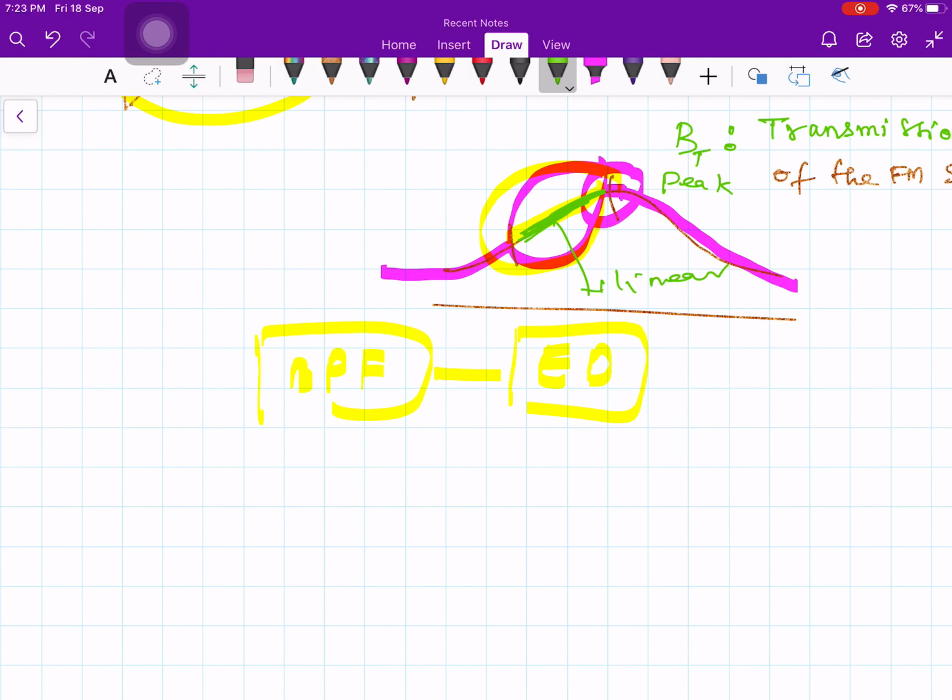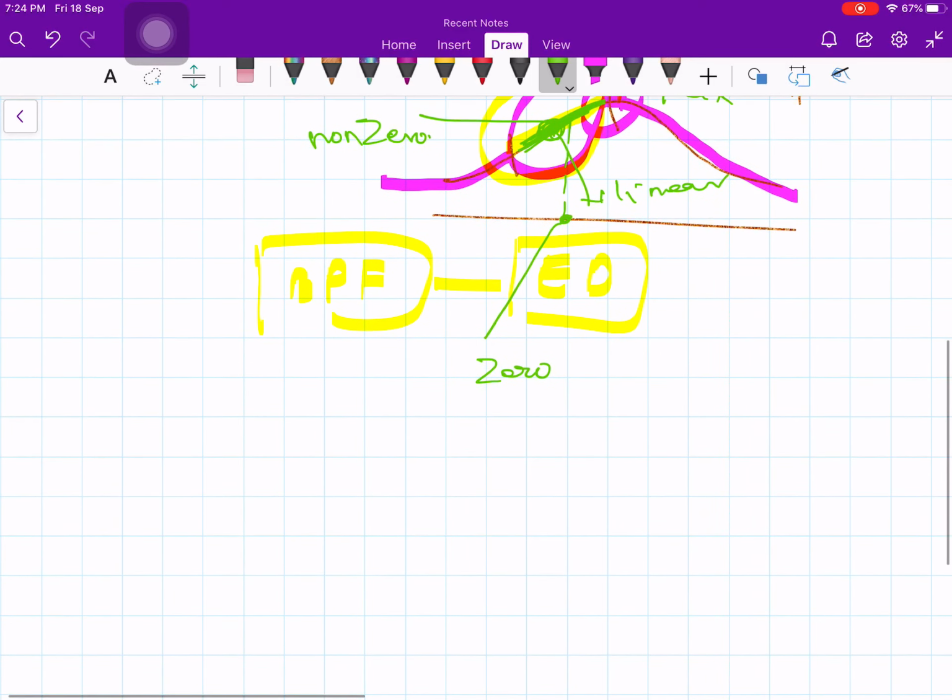If I want to use a single bandpass filter based system, which we discussed earlier, then I should get a zero response at this point. But I am not getting zero response, right? This is non-zero. That is why we went to two bandpass filters. So let's first discuss the single bandpass filter, or single slope detector, output.